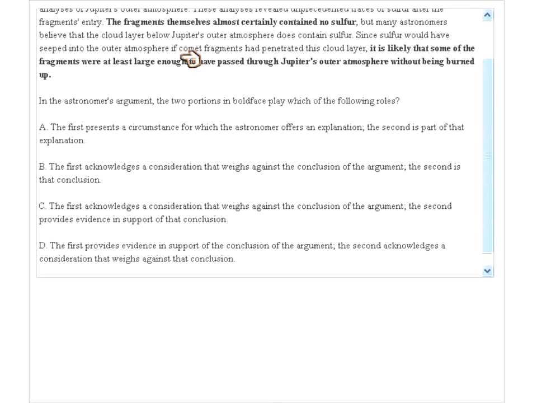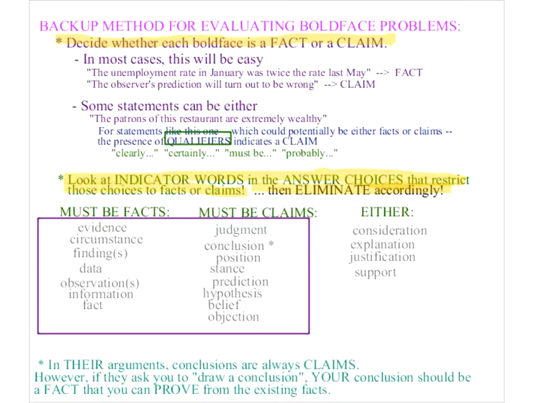I would either just say this person is rich or this person is not rich. So remember what we said about these qualifiers. When you have fact versus claim, 3 screens ago, remember the presence of qualifiers indicates a claim.